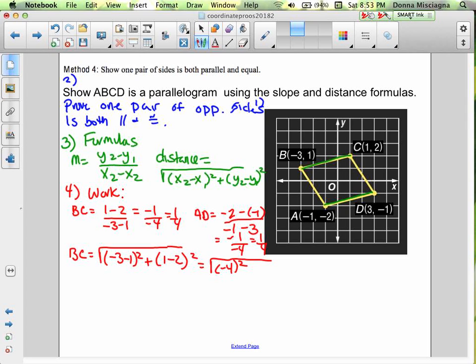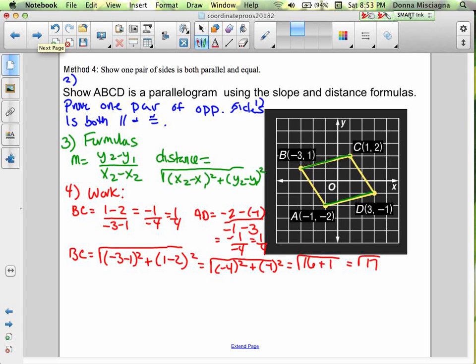Distance is always positive. Plus 1 minus 2 is negative 1 squared. So negative 4 squared is 16. Negative 1 squared is 1, so that's the square root of 17. And no, it does not simplify. That is a prime number.